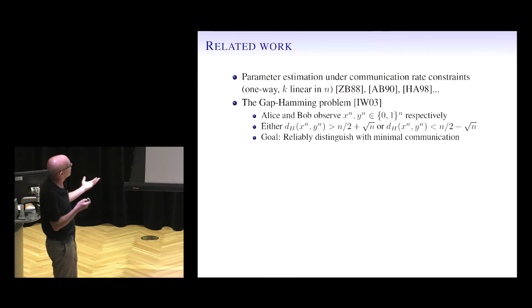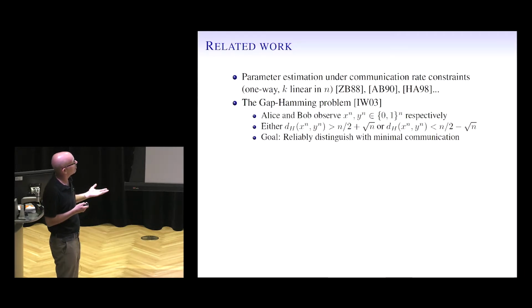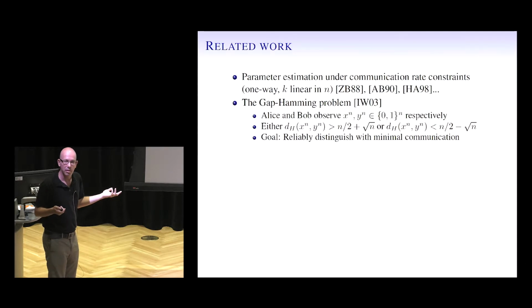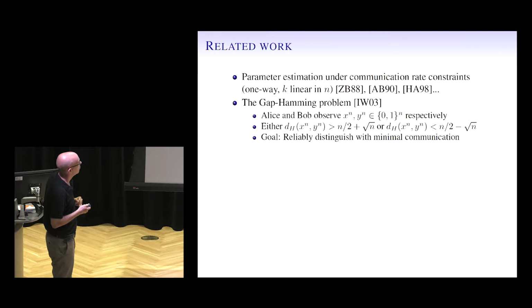Alice and Bob observe two binary sequences, x and y, and there's no distribution. There is a promise that the Hamming distance between x and y is either n/2 plus square root of n or n/2 minus square root of n. So they're very close to being unbiased. The goal is to reliably distinguish between these two hypotheses with some reasonable error probability with minimal communication. So they ask what the communication complexity of distinguishing between these two is.